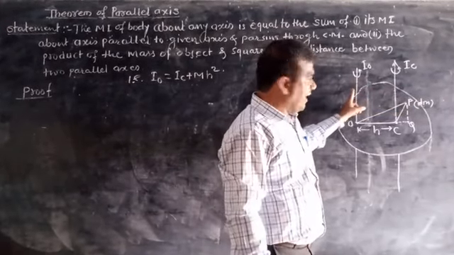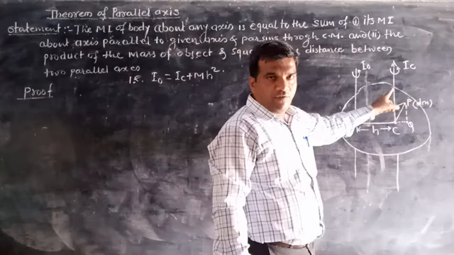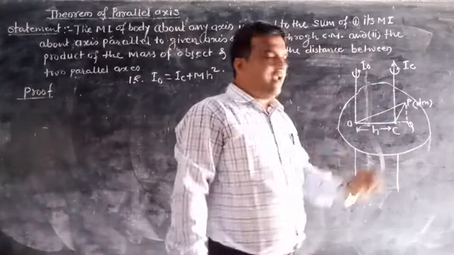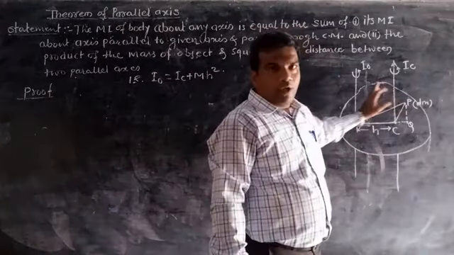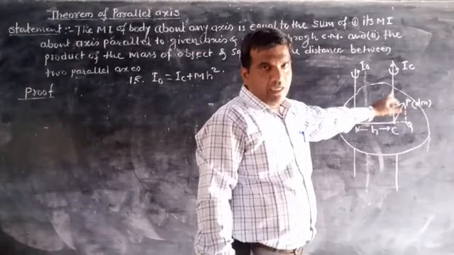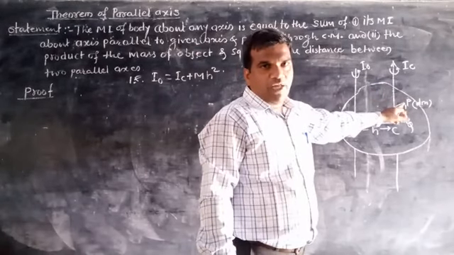This axis is parallel to this. Now which axis is parallel to this axis? That is IC, the moment of inertia of this body about this axis.